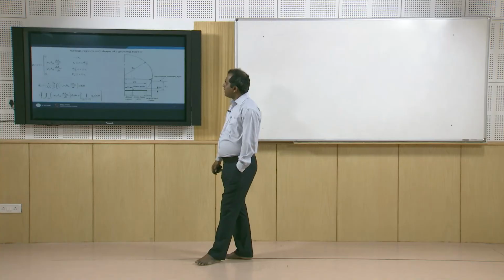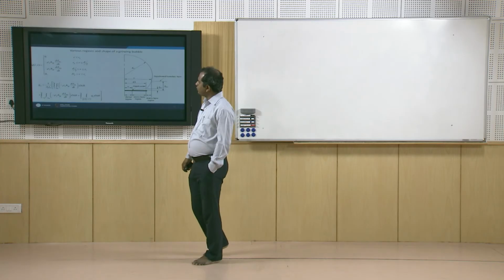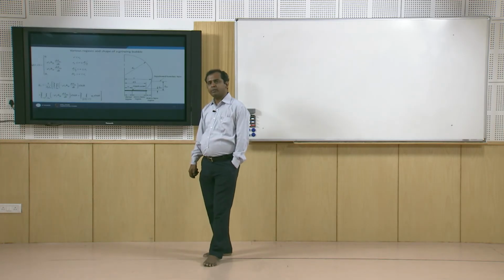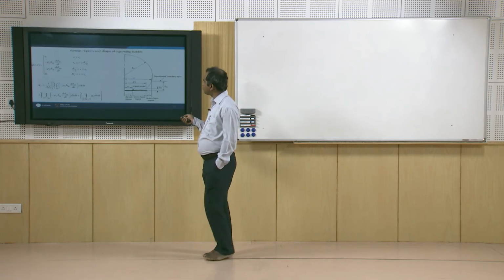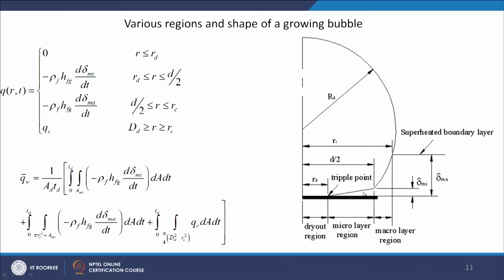Now, let us figure out what the heat flux will be during this bubble growth period. Let us take this figure for example. Here I have shown this domain is the liquid layer called the micro layer, and here we have the macro layer. Apart from that, we have also considered a region called the dry out region, where liquid is not in contact with the solid heater.